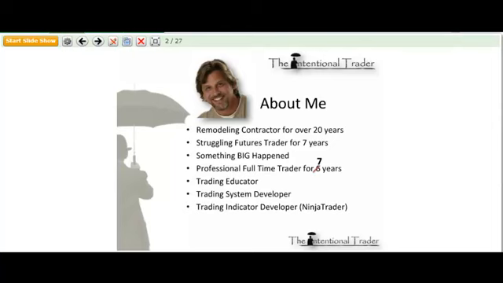So I decided I was going to start trading. Within about 6 months, I figured I'd be able to replace the income that it took me over 20 years to achieve as a contractor. But I figured, I'm pretty smart, I can pick this up, and I'll quit being a contractor and take the easy life of a trader.